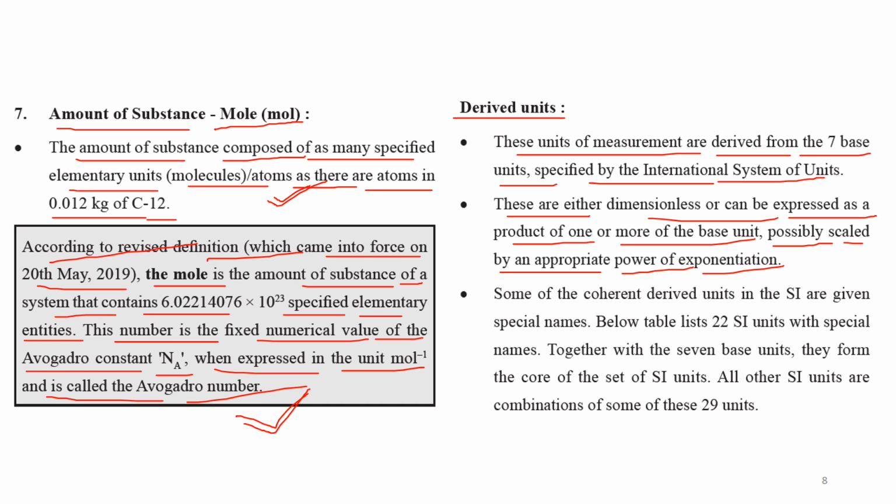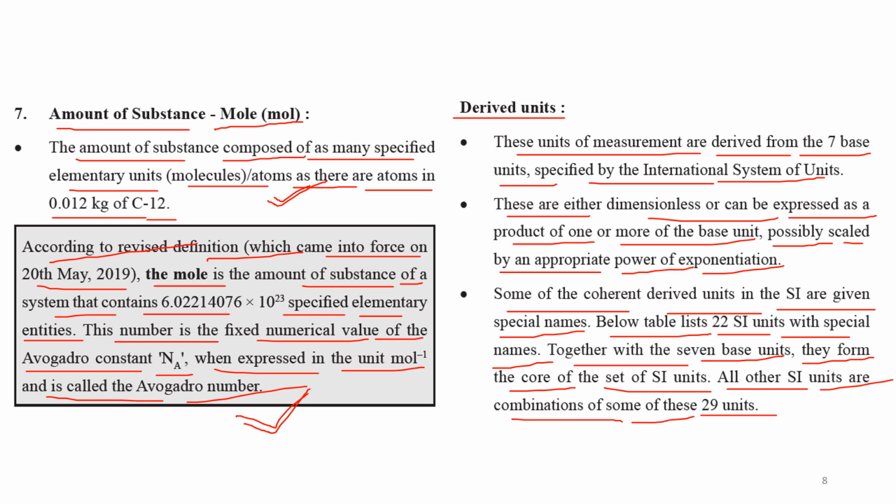Some of the coherent derived units in SI units are given a special name. Okay, so below the table lists 22, यहाँ पे मैं कुछ table we will see that with special name together with the 7 base units they form a core of the set of SI units. All these SI units are combinations of some of these 29 units.